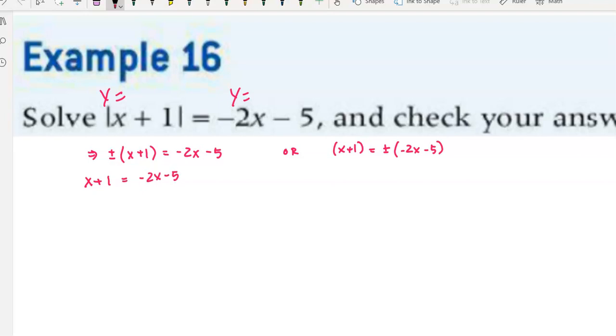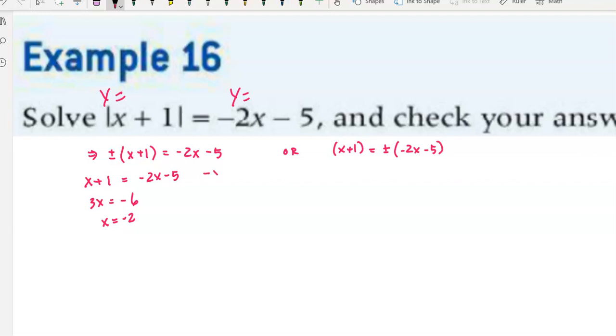And for that one, you're going to get 3x equals negative 6, x equals negative 2. Yeah, I think so. Okay, good job.